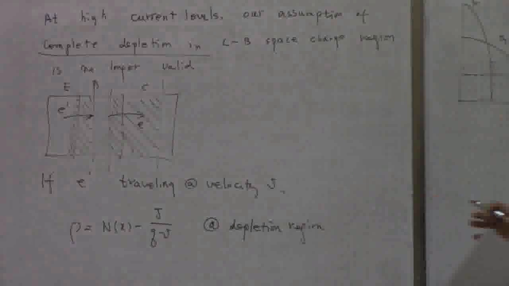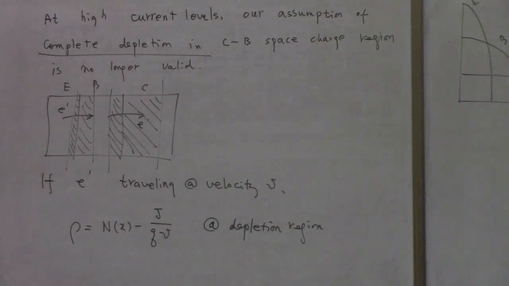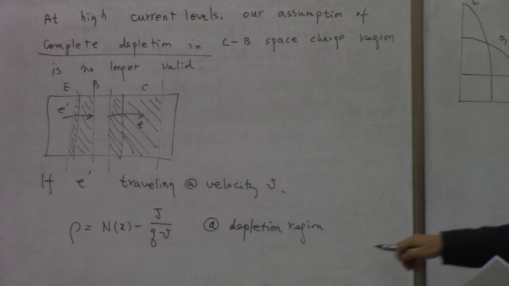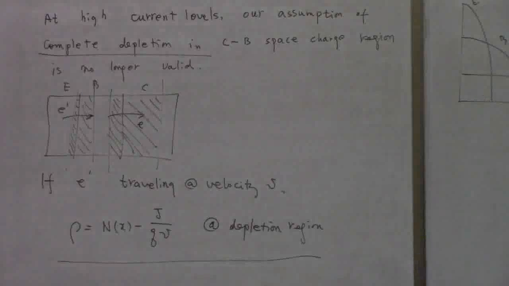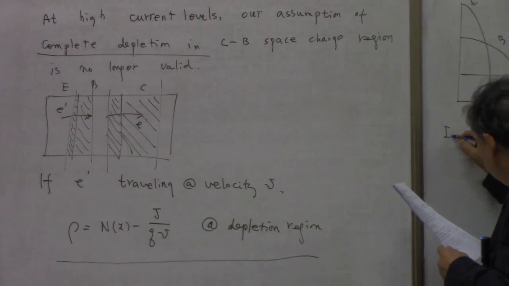So the space charge region width is inversely proportional to the doping concentration, and the collector has the widest depletion region. So the charge in the depletion region is significant in the collector because the doping level is very small.